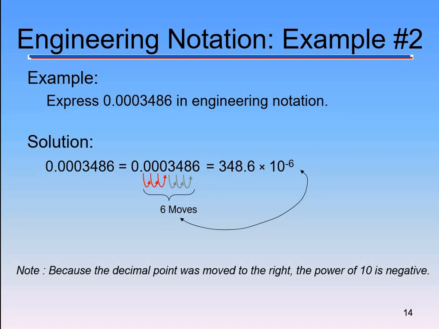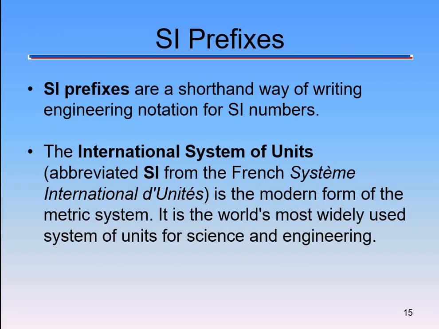Okay? So let's get into SI prefixes. It's a way we can shorthand our engineering notation using the International System of Units. So it's more of a European system, very, very similar to the metric system. The metric system is kind of based on this way as well.